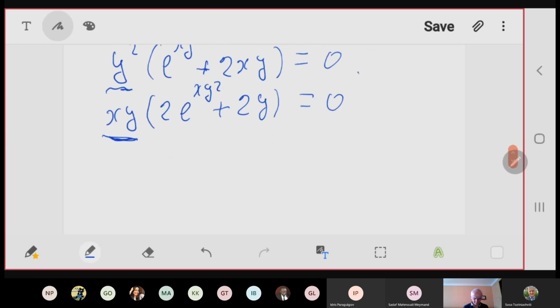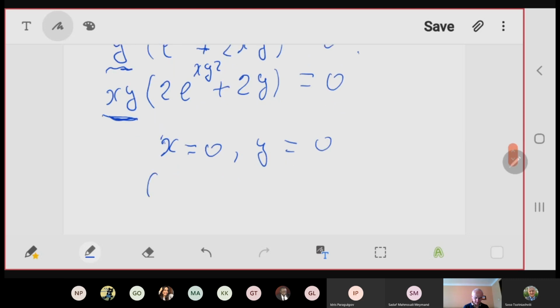So we have, when x equals 0 and y equals 0, this point (0, 0) is a critical point.